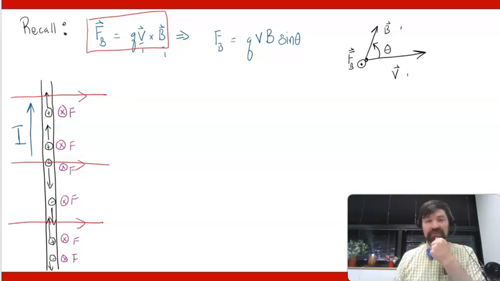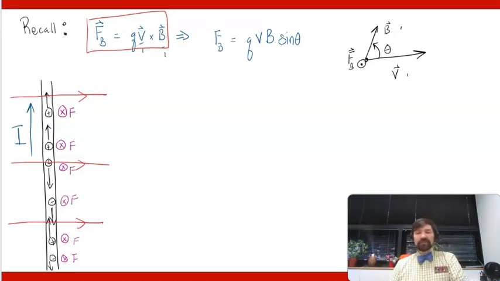So I'm basically getting a bunch of little forces into the screen acting on these charged particles, and the charged particles are free to move around within the conductor, but they're basically bound to being in the conductor somewhere. So collectively, these forces are all acting on the conductor.